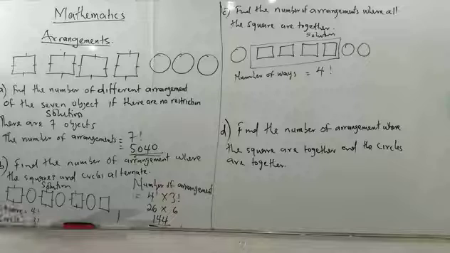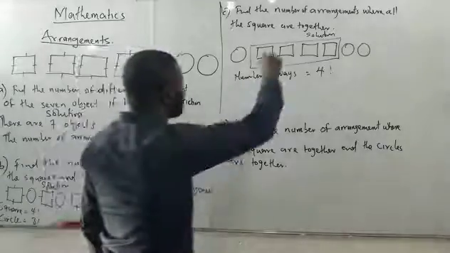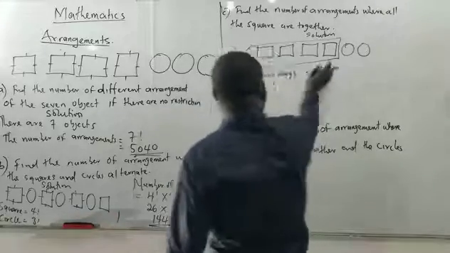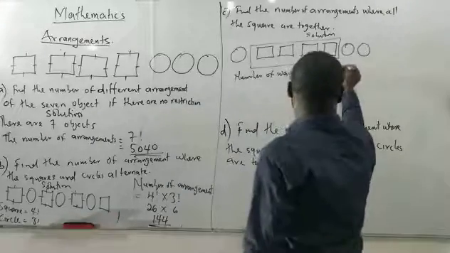Since I know that is the fact, there are 4 ways where the arrangement can take place. It means I can only do this in 4 ways. Now, the 3 circles can be arranged.